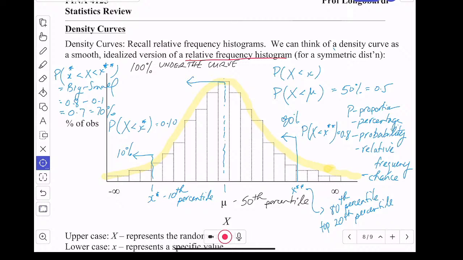And for X star over here, it's 10%, it's in the 10th percentile. You could also, but nobody really says this, say it's in the top 90th percentile. It's not really a top because it's really bad to be in the 10th percentile for grades. But this could be another variable.